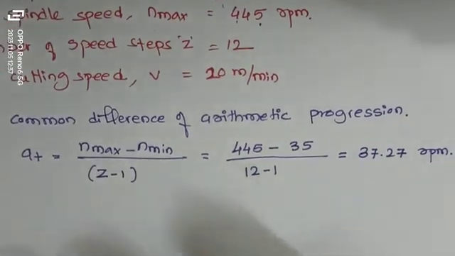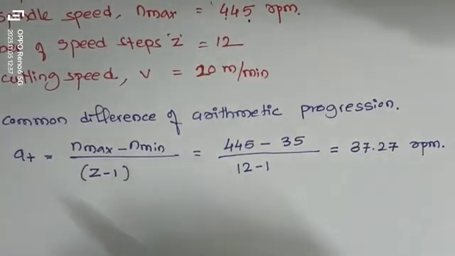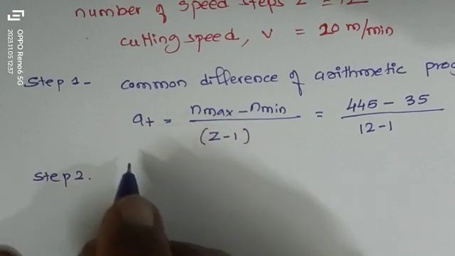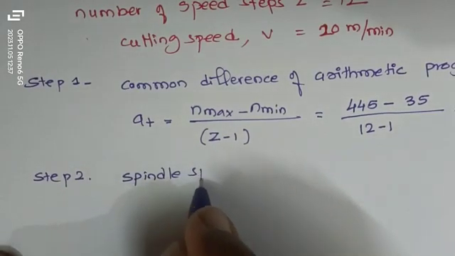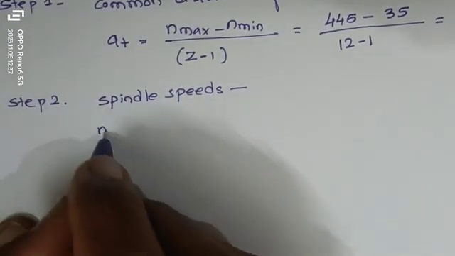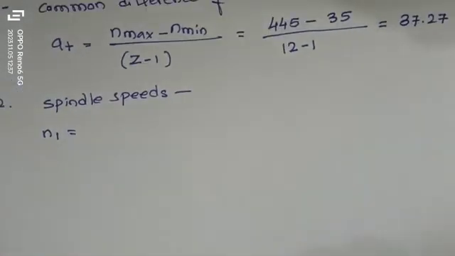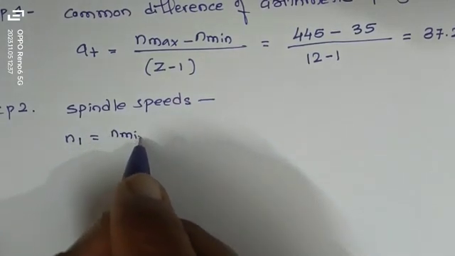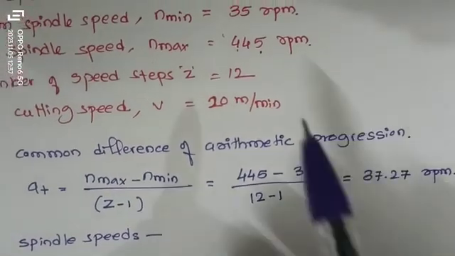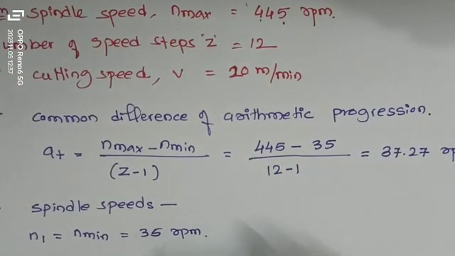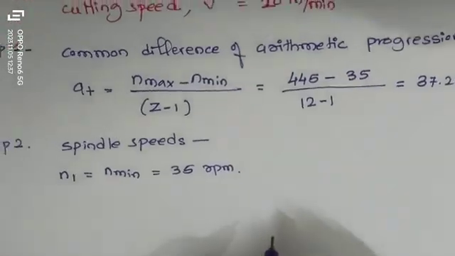This is the arithmetic progression in the speed steps, where we'll take step 2, that is spindle speeds. So here we can say n1 equal to n minimum, that is equal to 35 rpm, right?